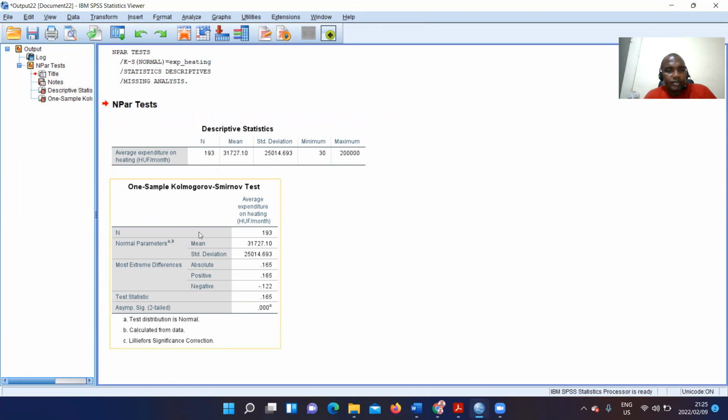But what we are really interested in is the output of the one sample Kolmogorov-Smirnov test. The mean is 31,727.1, and the standard deviation is 25,014.693. And then it's a two-tailed test.